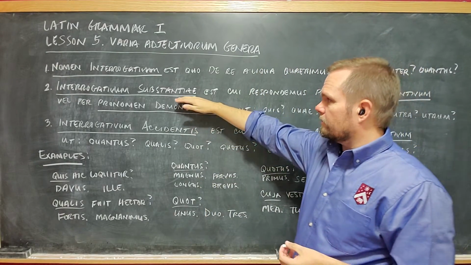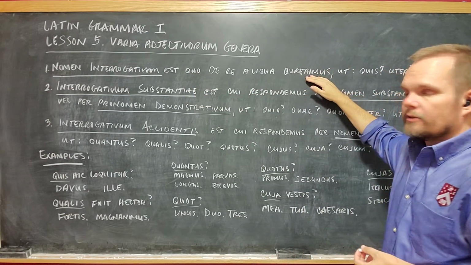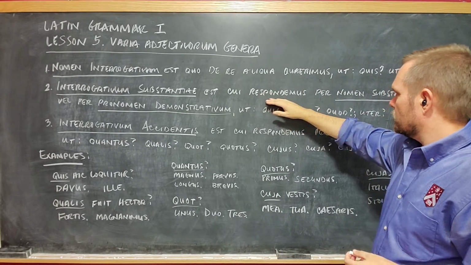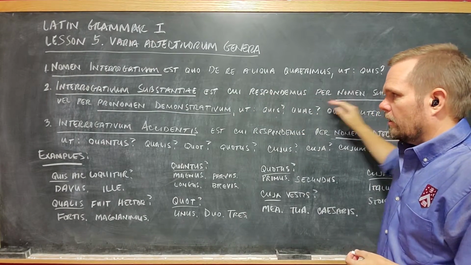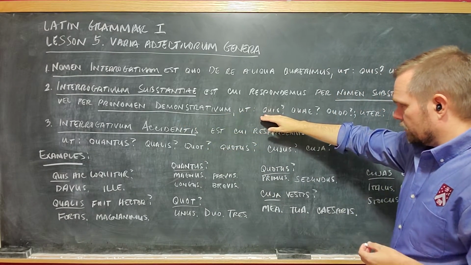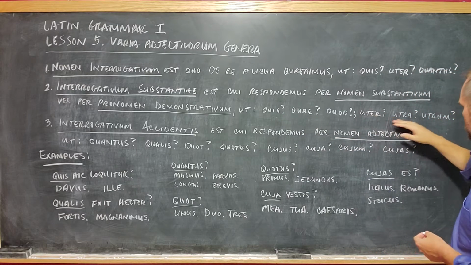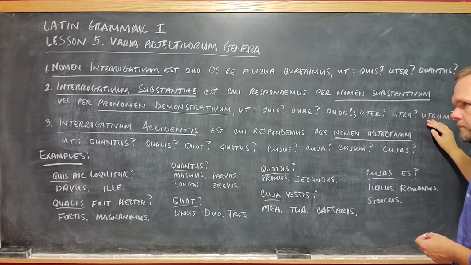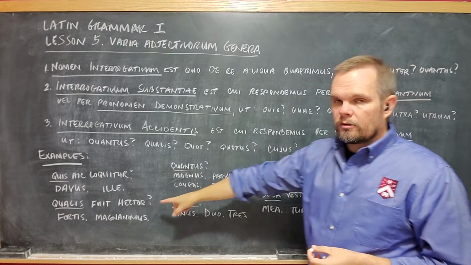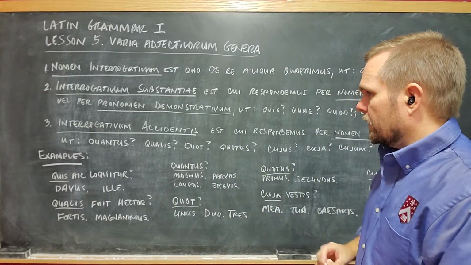So an interrogative noun of substance is a noun by which we ask about something, but which we respond to with a substantive noun or with a demonstrative pronoun, such as the interrogative nouns quis, quae, quod, uter, utra, utrum. That's our second definition. And we're going to look at some examples later on, so we'll make this clearer then.